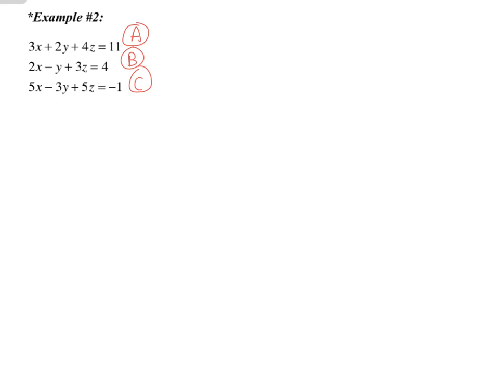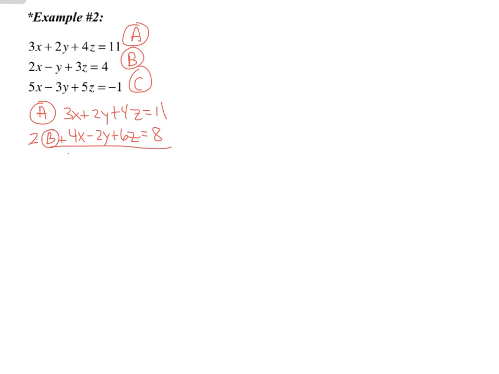So I'm going to keep equation A just how it is. And I'm going to take equation B and multiply it by 2, so that I'll have 4x minus 2y plus 6z equals 8.